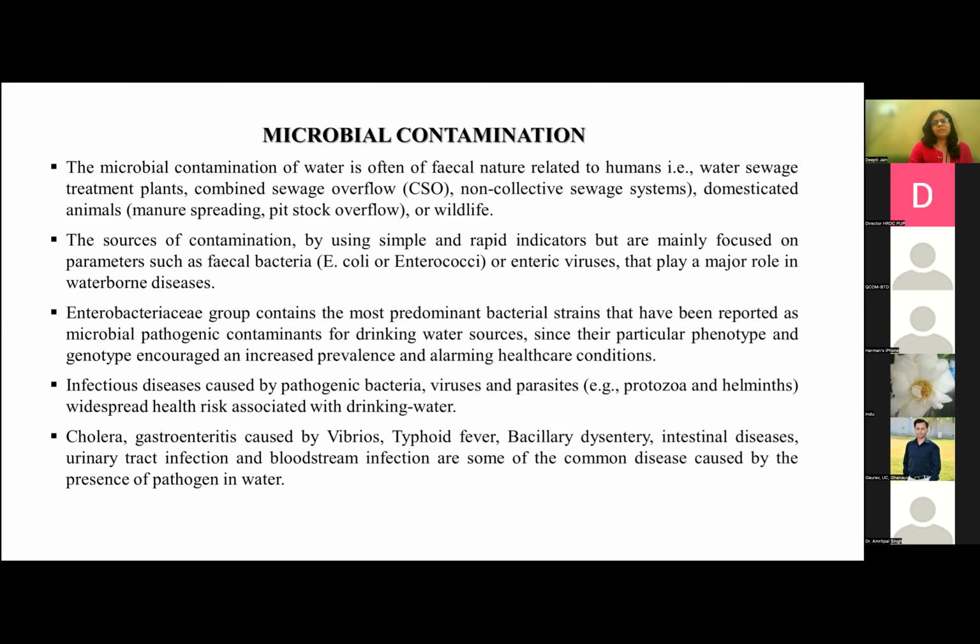The third parameter is turbidity. Turbidity describes the cloudiness of water caused by suspended particles, which can be checked by a nephelometer very easily. Or even if a nephelometer is not there, it can be checked by visible spectrophotometry also. But the nephelometer is a very low-cost manual instrument, and its maintenance cost is also very low.